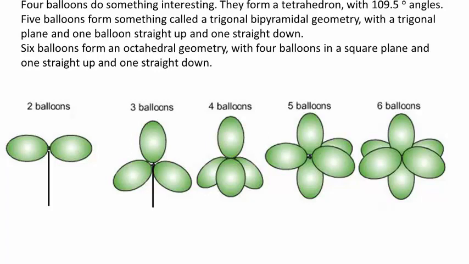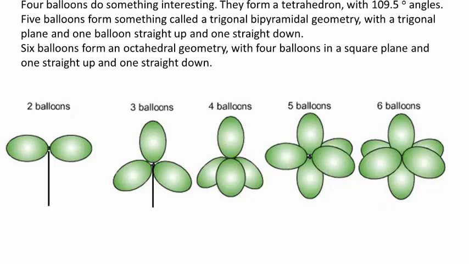With 6 balloons on a stick or 6 pairs of electrons around a central atom, you form an octahedral geometry, with 4 of these being in what is called the square plane and then an up and a down position.